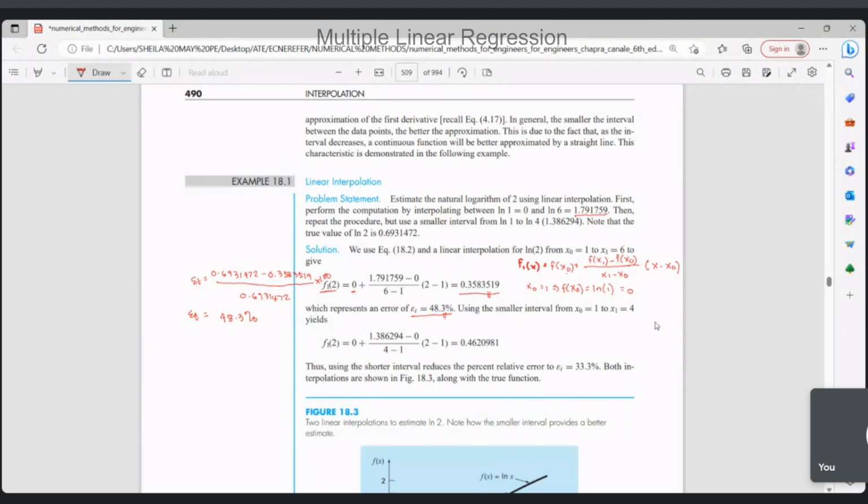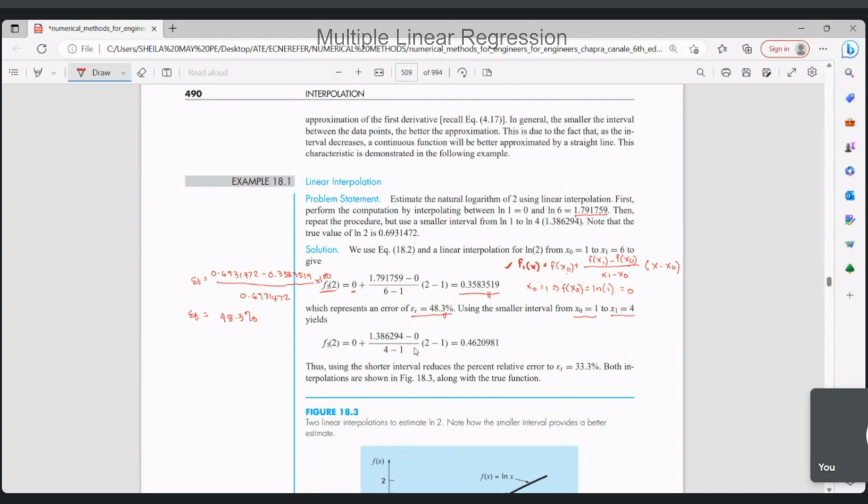Now still using the equation here, this one. So function of our x, which is 2, so that's f of 0. Atong new 0 here is still 1. So that's 0. ln of 1 is 0 plus function of our x sub 1. X sub 1 na to here is 4.